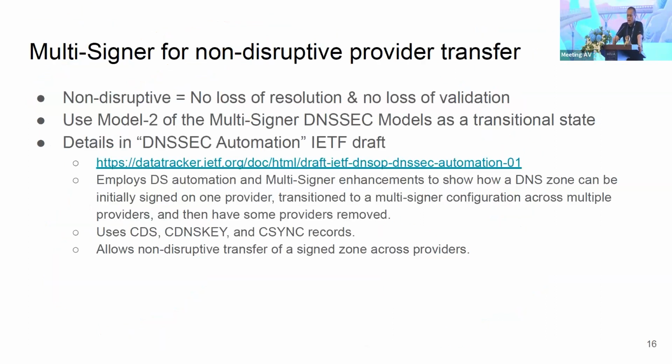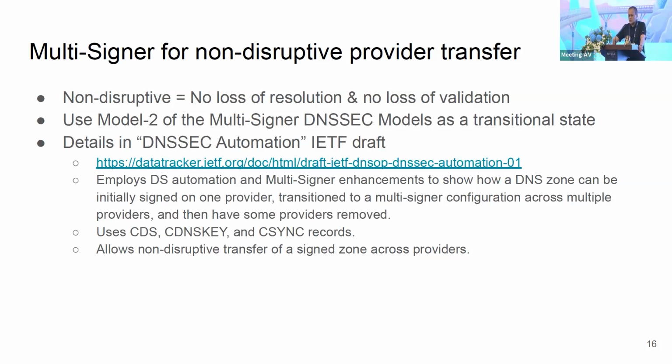Next slide, please. So obviously tools are being developed to make the process of deploying multi-signer easier, but one very interesting aspect of this protocol is that it can readily be used to non-disruptively transfer a zone from one provider to another provider. And by non-disruptive, I mean there is no loss of resolution and no loss of validation, so nothing breaks even momentarily.